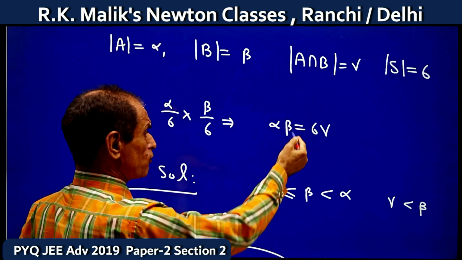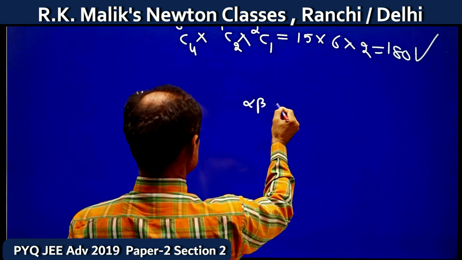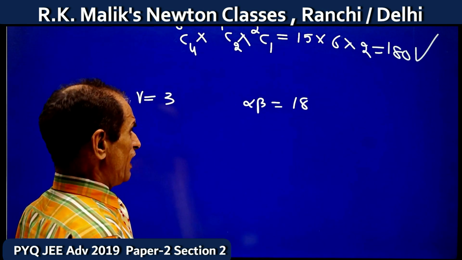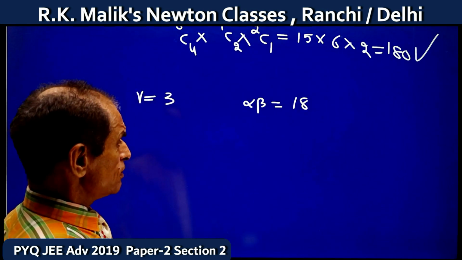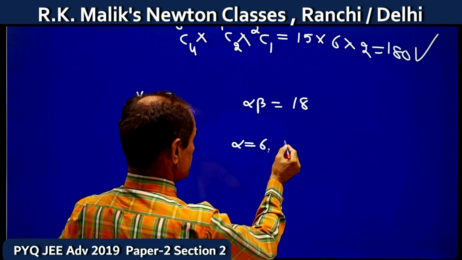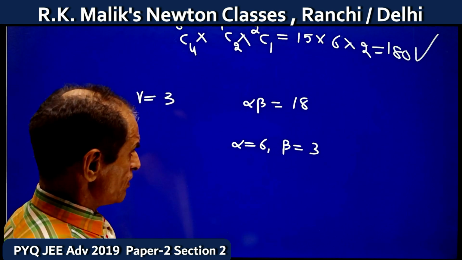And now take the case of gamma equal to 3. Then alpha beta equal to 6 gamma will mean alpha beta equal to 18. And alpha beta equal to 18 is possible only if alpha is 6 and beta is 3.